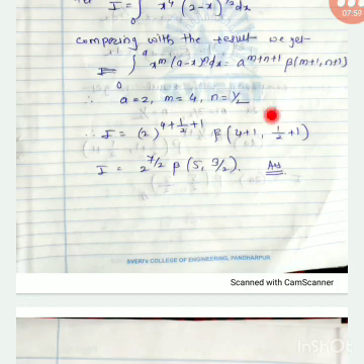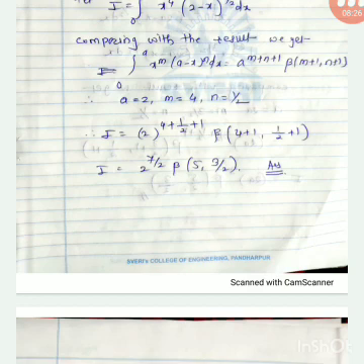Again, consider x raised to 4, 2 minus x raised to half. As the upper limit is 2, not 1, it is of type 2. From 0 to 2, we use the result: integral from 0 to a of x raised to m, a minus x raised to n, dx is equal to a raised to m plus n plus 1, beta of m plus 1 comma n plus 1. We get a is equal to 2, the upper limit.